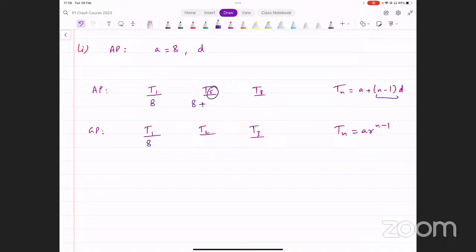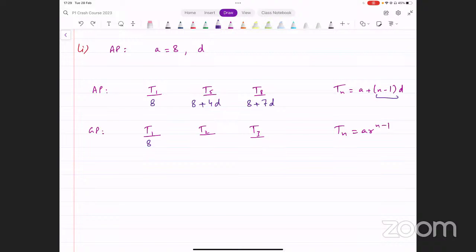N is 5. 5 minus 1 is 4 times the difference. That's the fifth term here. And what about the eighth term? Again, we know what the first term is. That's 8 plus n minus 1. N is 8 here. That's 7, 8 minus 1, times the difference.